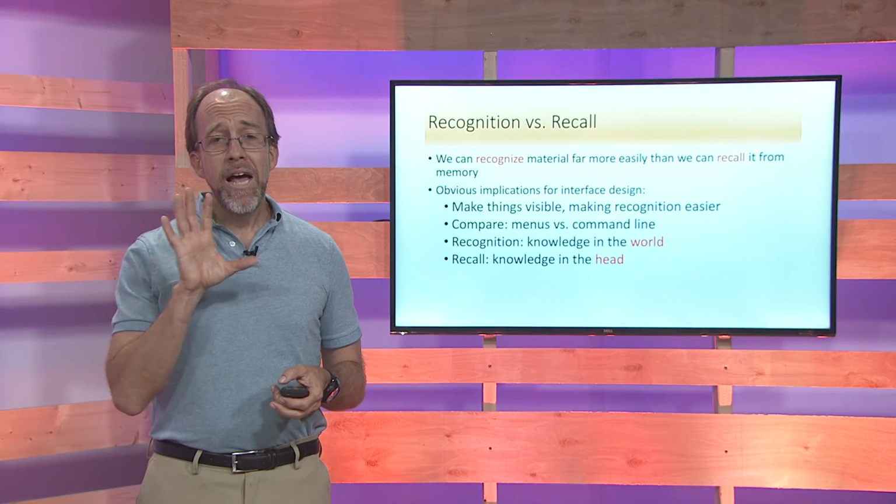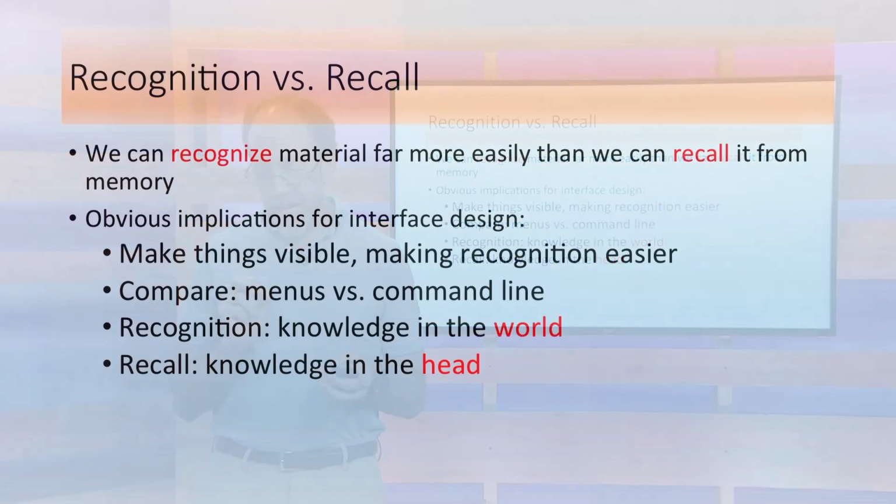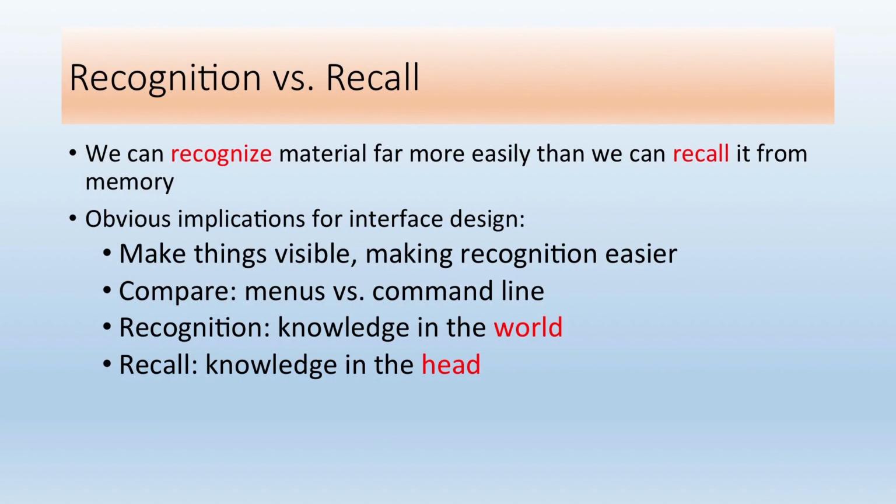Now, let's go back to something that we had discussed before, which is the concept between recognition and recall. This is something that you will use in design. In the concept of recall, you are going to have to pull something out of your long-term memory, bring it forward, and then use it. If it's in working memory, you also can pull it out of working memory.